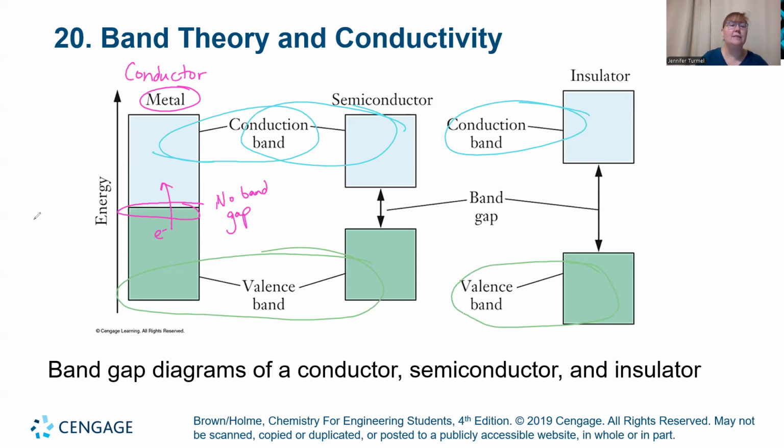Now, in a semiconductor, and you might also call a semiconductor a metalloid. So here I've gone backwards. Semiconductors are metalloids, that in-between state. And you'll see here that you have a small to intermediate band gap.